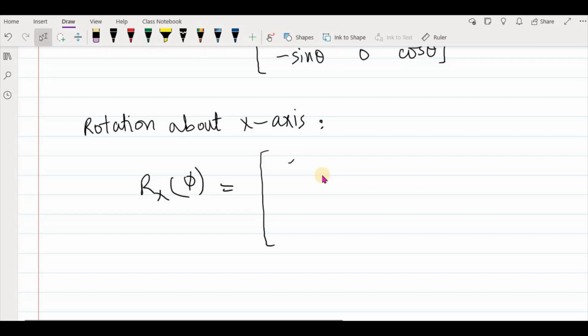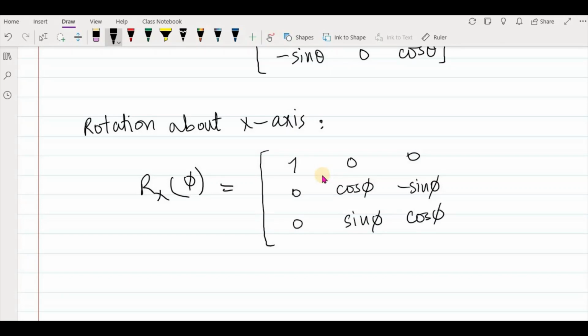So here we have 1, because if the rotation is about x-axis, then x-axis will not change, only the other two axes will change: 0, 0, 0 and 0. Then we have cosine of phi, minus sine of phi, and sine of phi and cosine of phi.